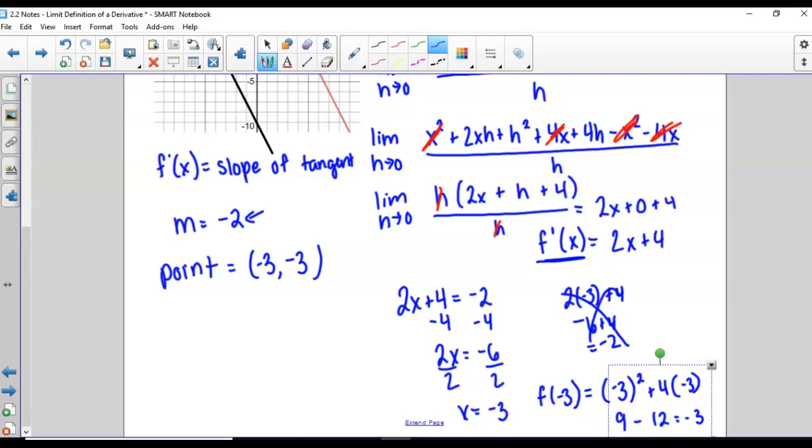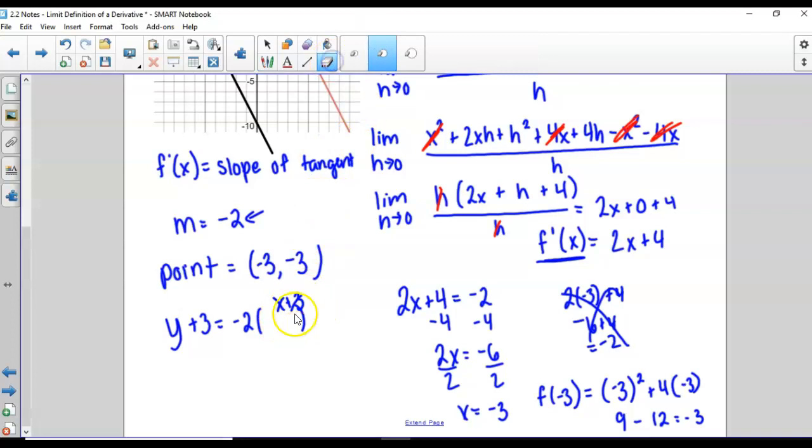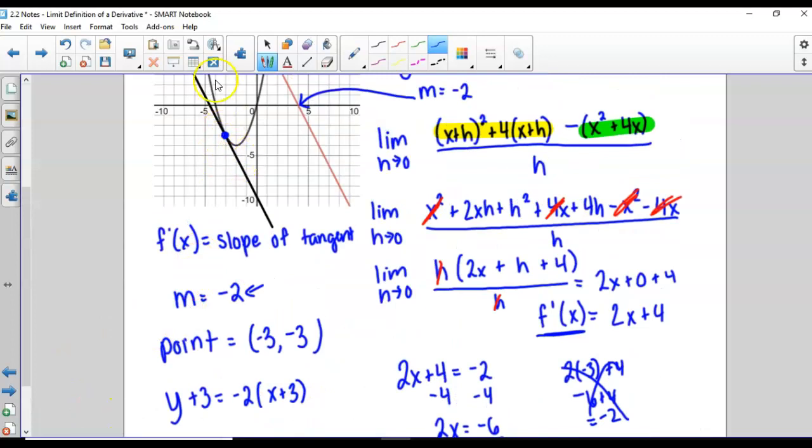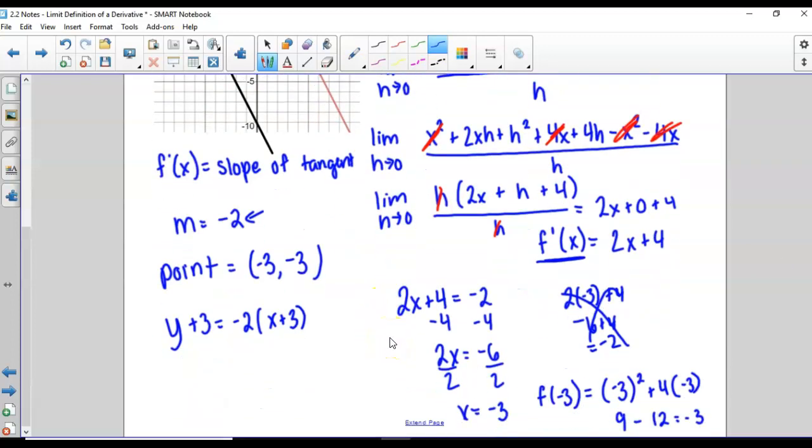And so it was asking for the tangent line, so we'll have y plus 3 equals negative 2 times x plus 3. And that is the equation for this line right here. That one had a lot to it. Okay. Question.